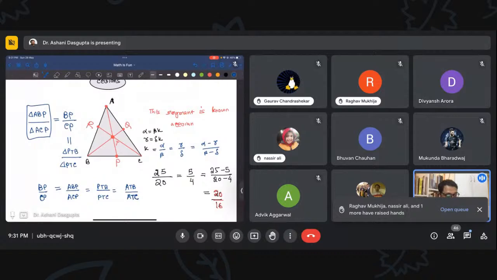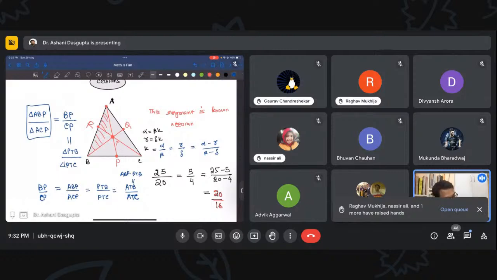ATB is to ATC. You can just take the subtraction. This is ABP minus PTB, that is ATB. This big triangle minus the small triangle is ATB. And this big triangle minus the small triangle is ATC. So you have ATB over ATC, and that gives you two pieces of the three magical triangles.